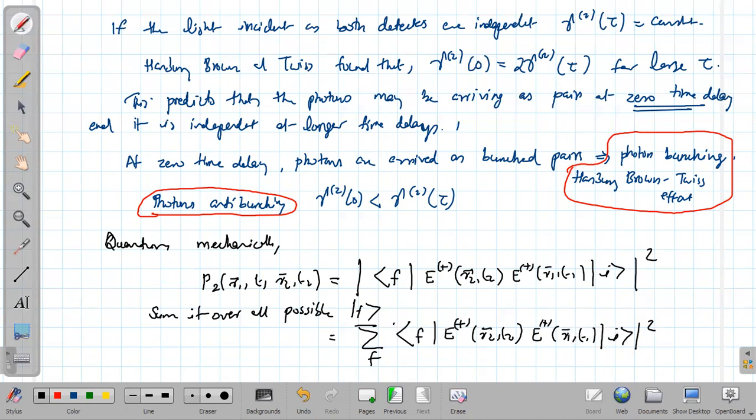The mod square is nothing but the product of the complex conjugate and its original term. So that can be done here, and we can use the completeness relation of f.